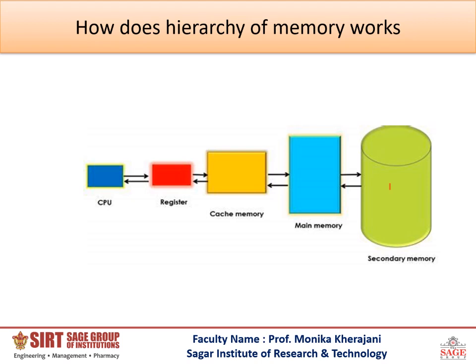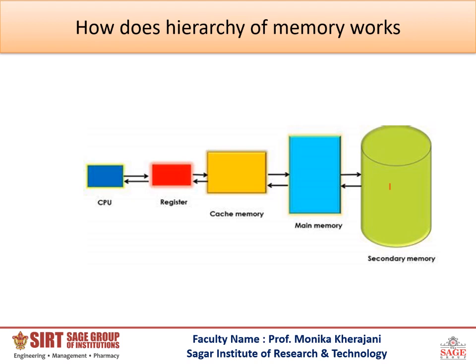Secondary storage can store so much data, but its access time is very high. So all these memories are placed in such a way that we can reduce the accessing time. But as you can see in this diagram, we will concentrate only on the main memory, because all the programs which are going to be executed should always be placed in the main memory.